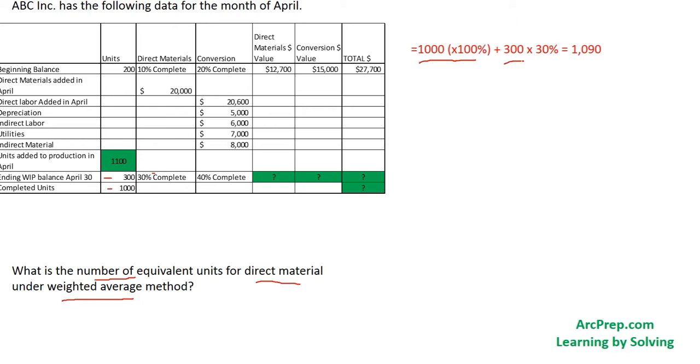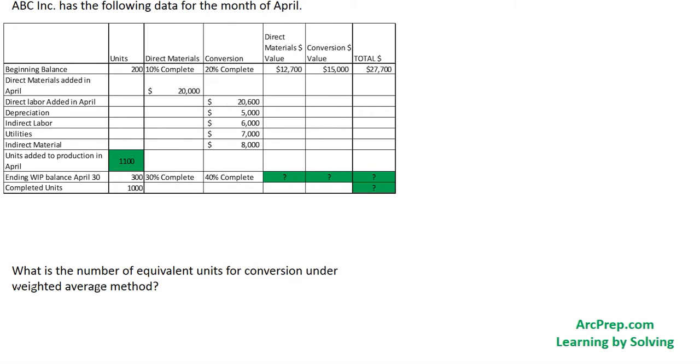In other terms, this is equivalent to 90 units that are 100% complete. So now I can add this 90 to 1000 because both are 100% complete. So equivalent units for direct material is 1090.